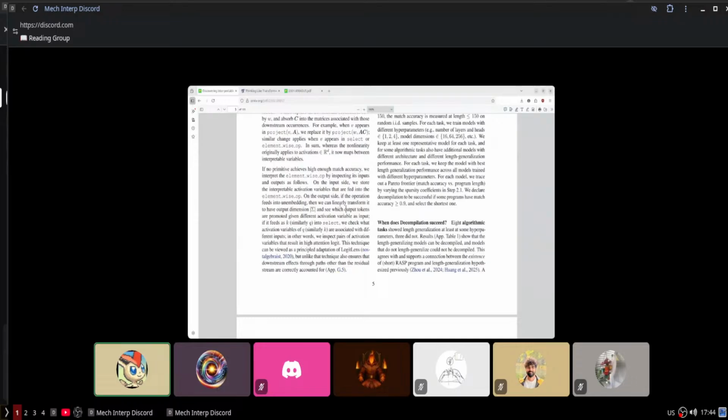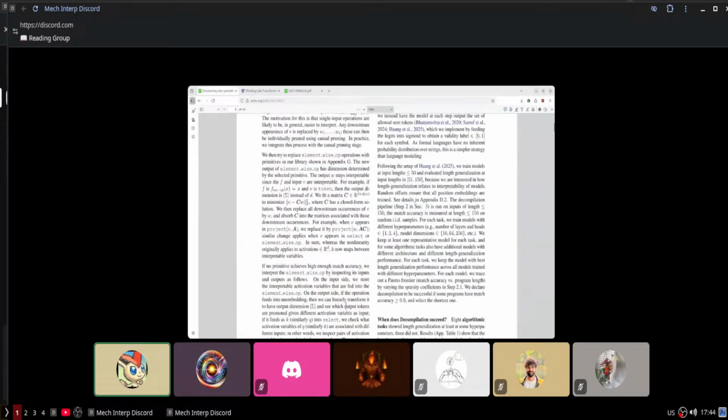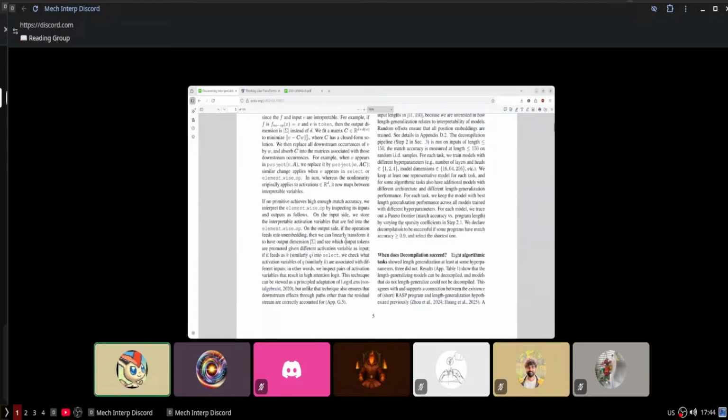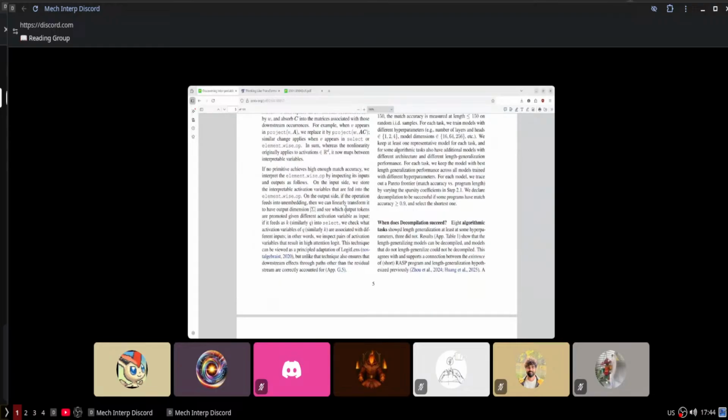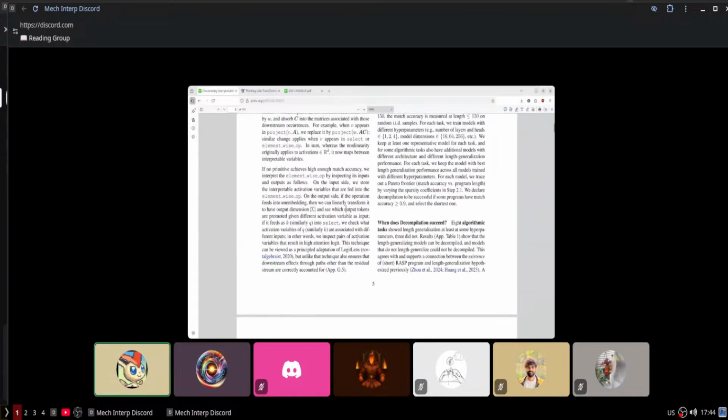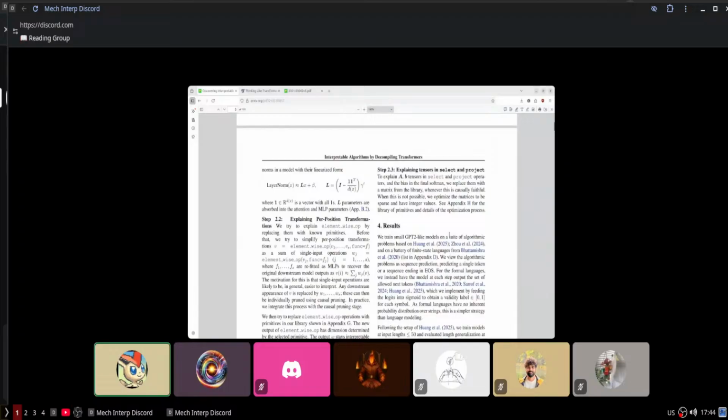So what they do in this case is basically do logit lens and try to see what happens. But that sounds like they have to do it manually. Yeah, they do it manually, basically. They're just describing it in a fancy way. They look at the logit lens and see how changing the inputs changes their logit lens result.